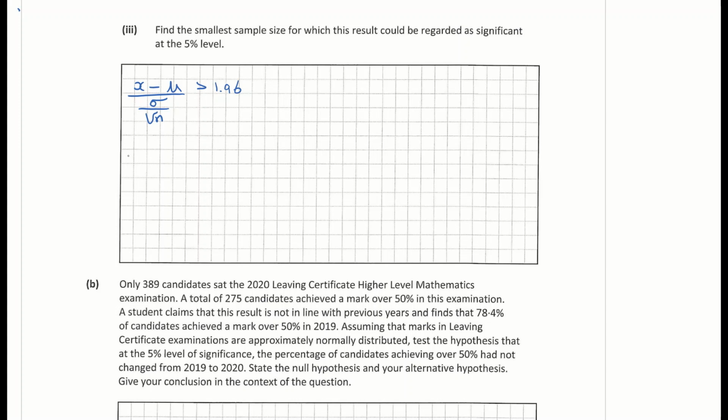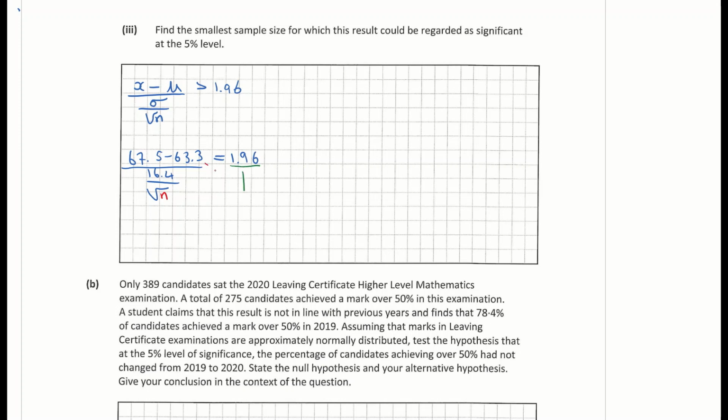And filling everything in as per before, 67.5 subtract 63.3 over my standard deviation, which is 16.4, divided by the square root of n. This is what I'm trying to solve now. I'm trying to solve for n, but I'm going to let that equal to 1.96. And I have a fraction equal to a number, so I'm going to put this 1.96 over 1.